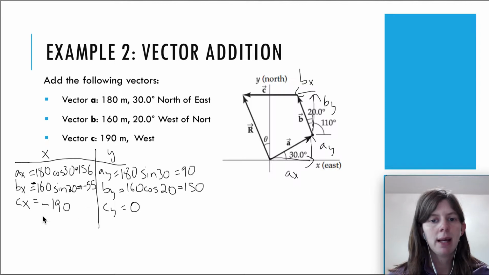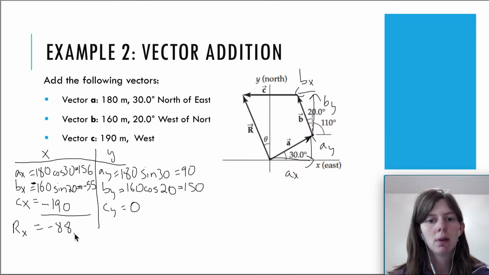And then the next step is to go ahead and add up all the x components to get rx. When I add up all of these numbers, I get negative 88.8. When I add up all the y components, I get 240.4.